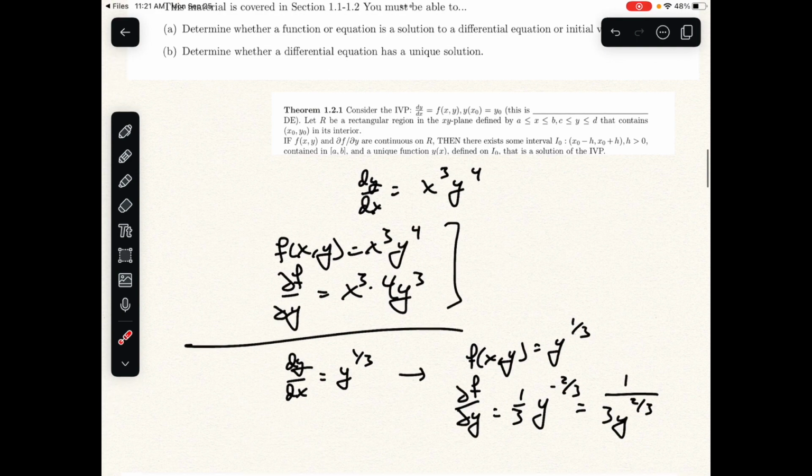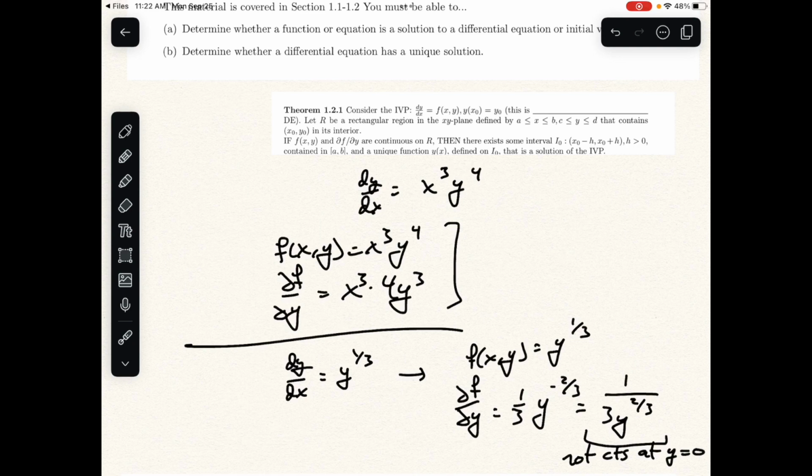And so this differential equation, depending on what your initial condition is, may or may not have a unique solution, right? Because del f del y is not continuous at y equals 0.